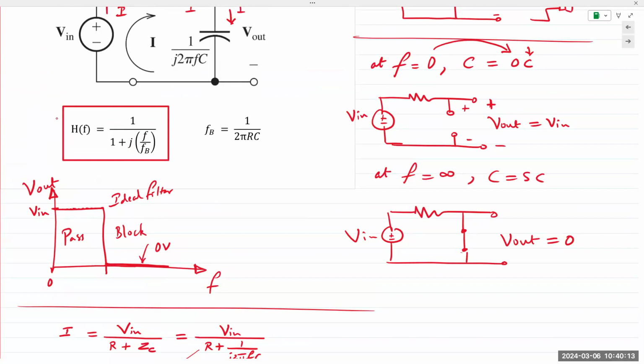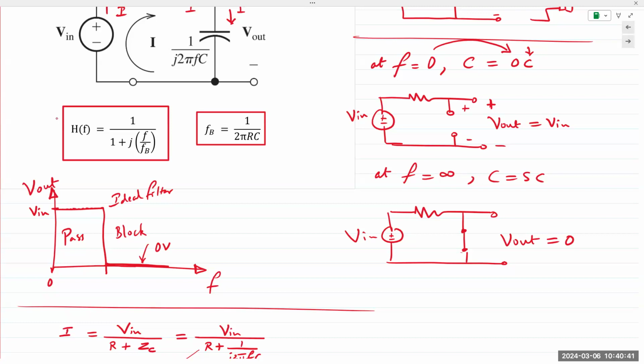So f is a variable that can take on multiple values, and fB is a constant that is described by this equation right here. For an RC first order filter, this is given as 1 over 2 pi RC, R times C. Okay, that's a constant, and it depends on the values of the components.